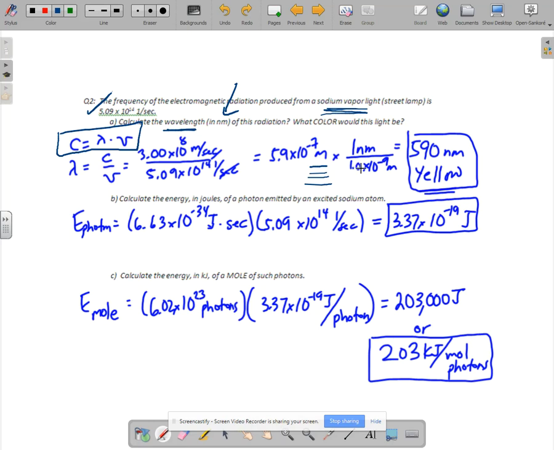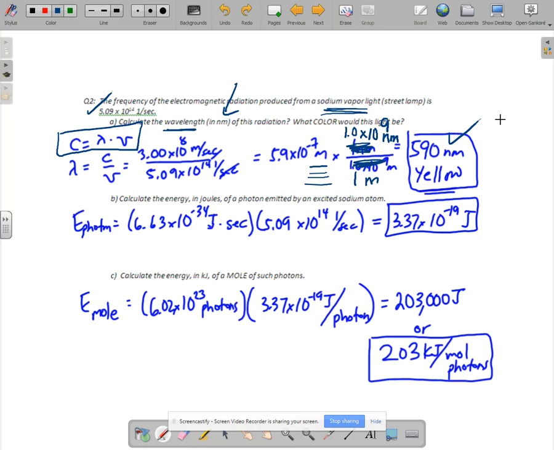Now that I think about it, that's probably not how I would have done it. I probably would have said 1 meter equals 1.0 times 10 to the ninth nanometers, meaning there are a lot of tiny nanometers in 1 meter. But however you do it, it doesn't matter. You come up with 590.